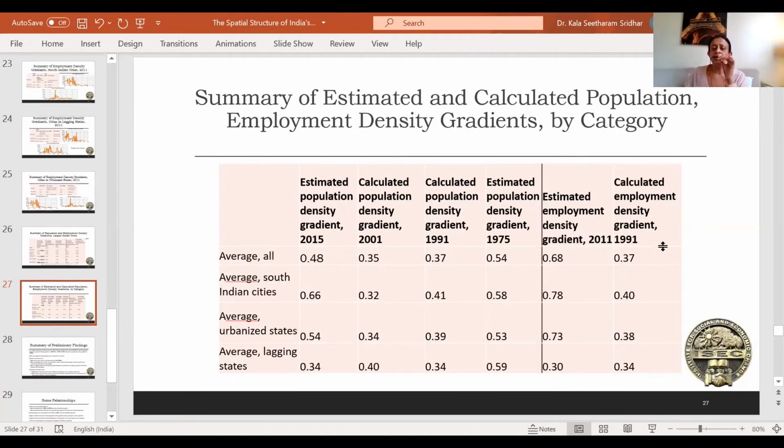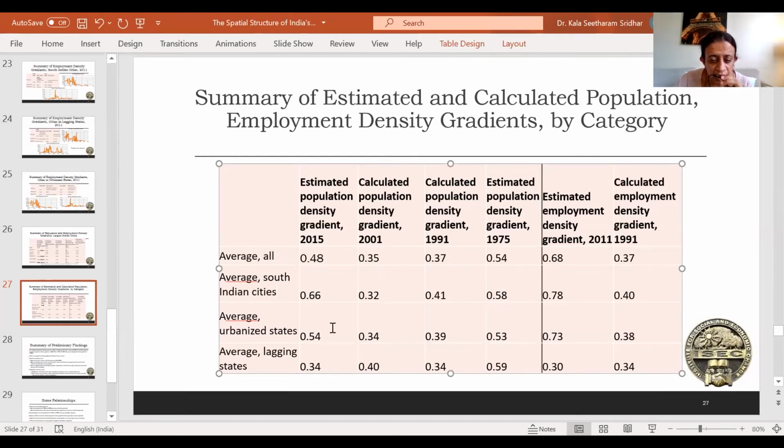Now, this is the summary of estimated and calculated employment density gradients by category. So if we believe this is 1975, this is 2015, these are estimated. And if we just look at this trajectory here, 54.54 to 48 suburbanized, 0.58 to 0.66 for South Indian cities, they centralized.